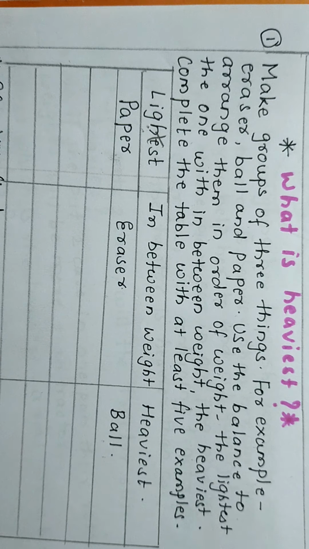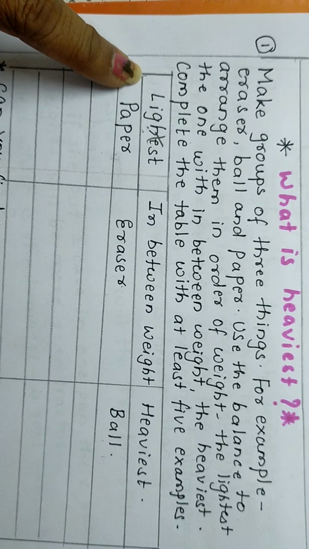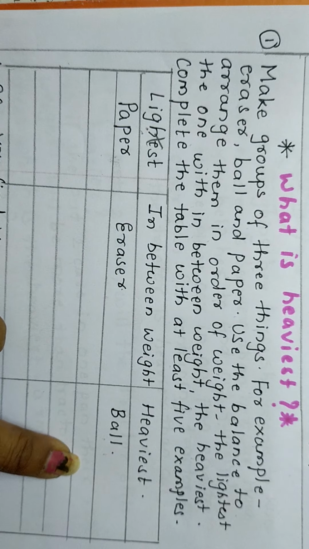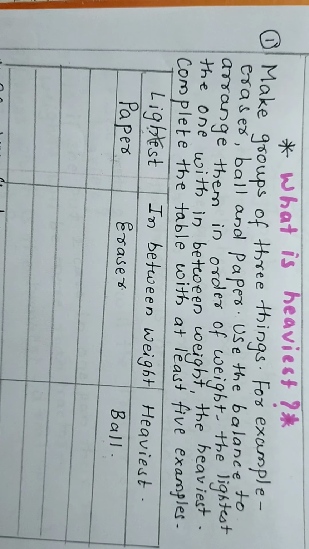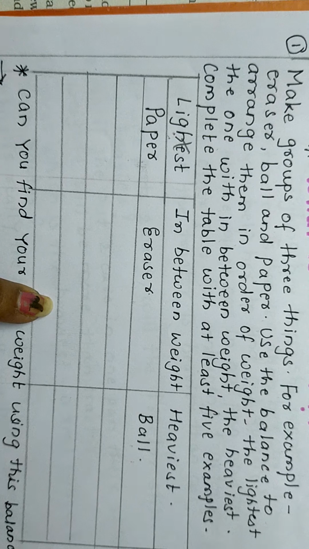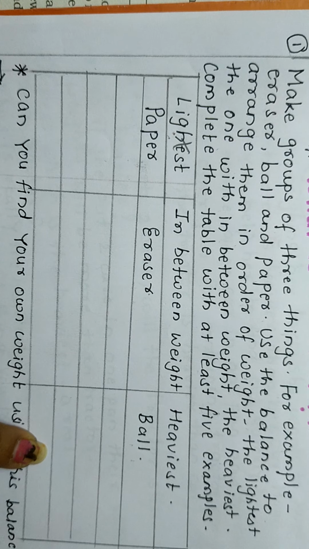Grape is lighter, orange is in between weight and heaviest is the watermelon. Then matchstick, mobile phone and laptop. So matchstick is the lightest, in between mobile phone will come and heaviest is the laptop. Then handkerchief, shirt and bed sheet. So handkerchief is the lightest, shirt is in the middle weight and bed sheet is the highest weight.